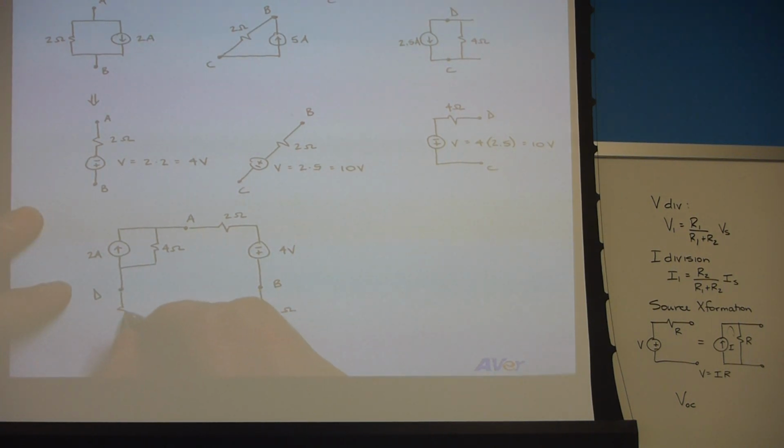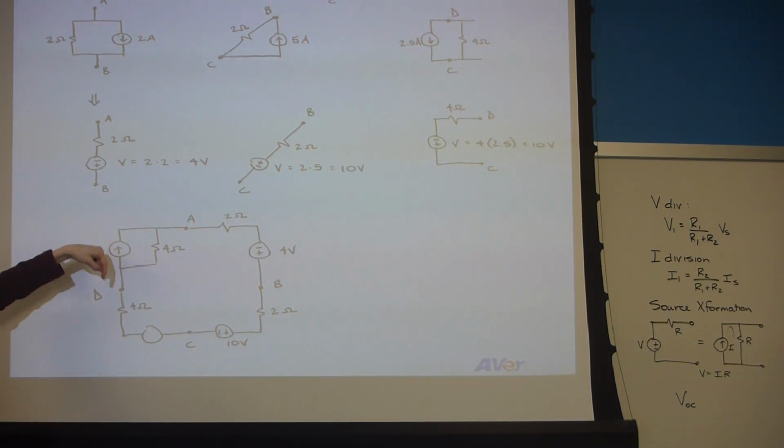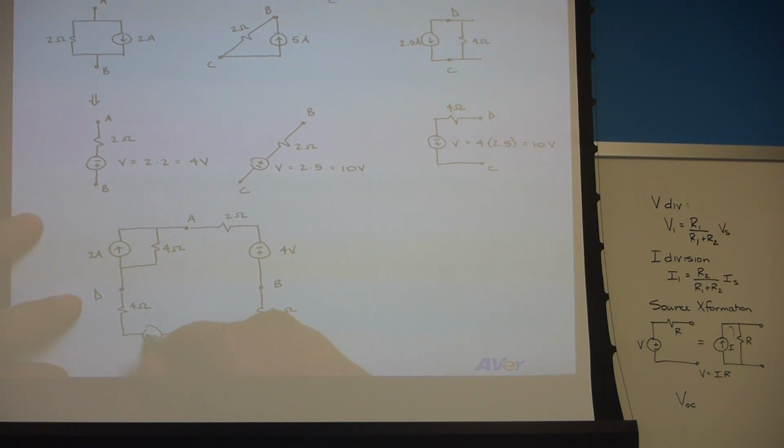And then lastly, from C to D, we have a 4 ohm resistor. And then again, we have the current that's pointing from D to C, so that means I'm going to gain voltage going from D to C. So minus, plus, 10 volts.